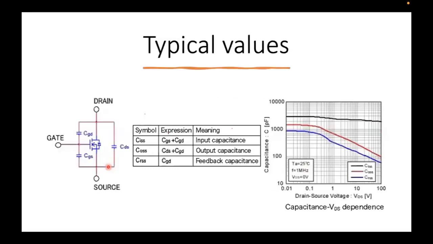But again, how can these capacitors impact us in our design? This is a typical example of one of the models for a standard MOSFET, where they show a capacitance in the picofarad range, ranging from 1000 picofarad, which is 1 nanofarad, and going down again with the variation of the VDS, because basically the capacitance impact will vary with the biasing condition.